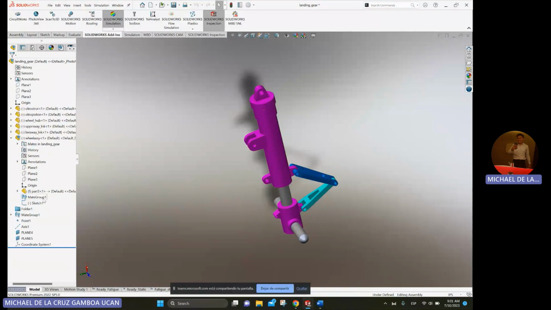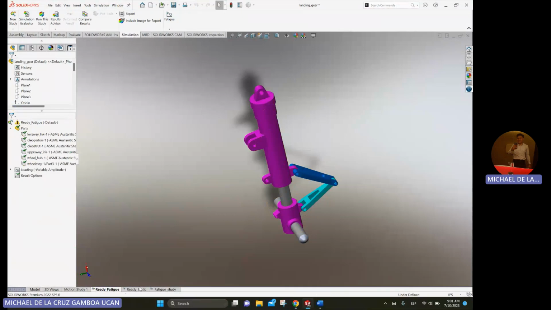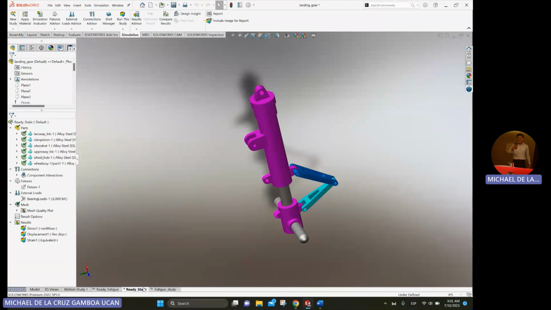This tutorial is one of the most interesting and complex. A study of fatigue is carried out here, which is the most important part of the entire exercise. By carrying out the study correctly, we can see as a result a color graph that shows the level of damage suffered by the piece.